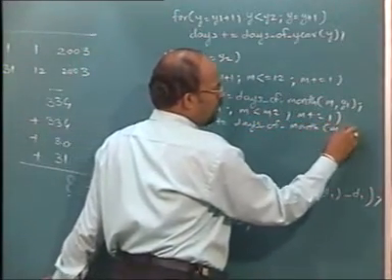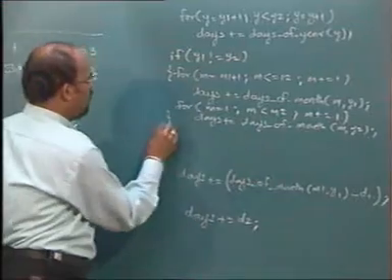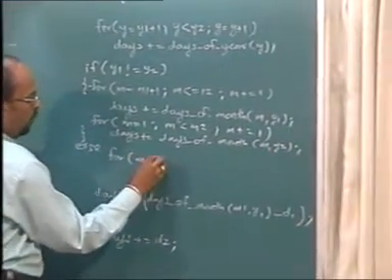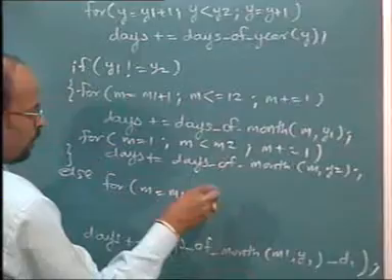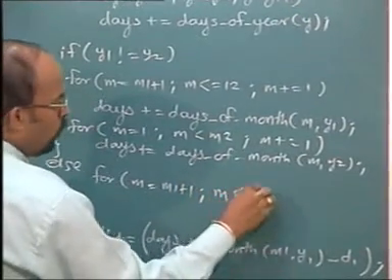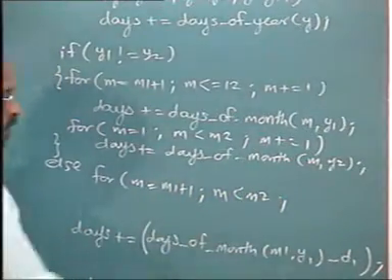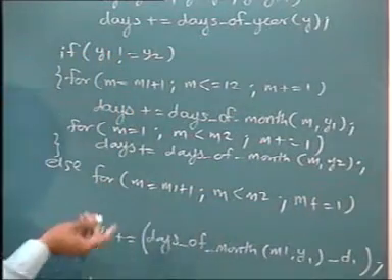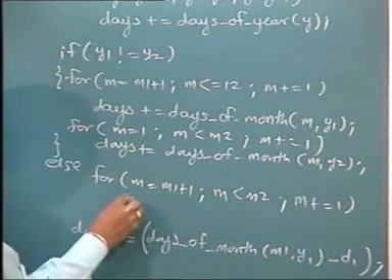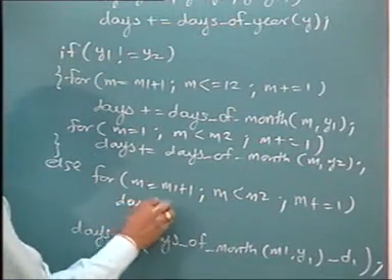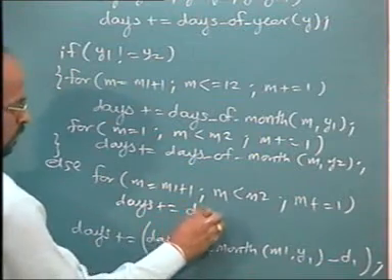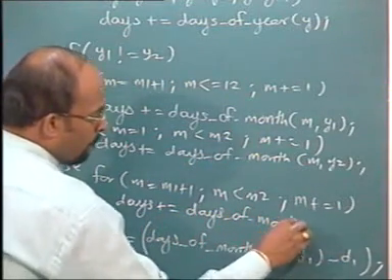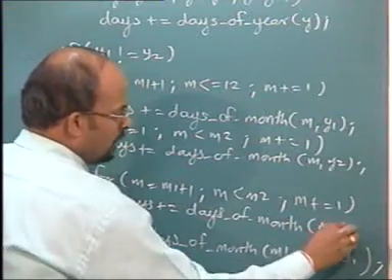That was my earlier code. Else I will say for m equal to m1 plus 1, m less than m2, m plus equal to 1, days plus equal to days of month m comma, whether you write y1 or y2, they are same.